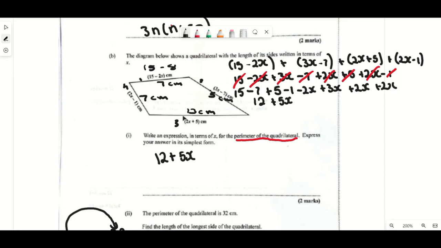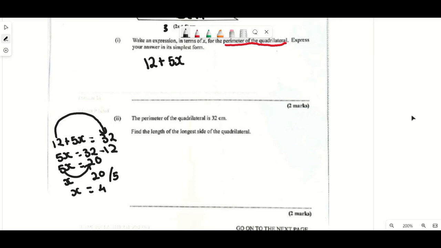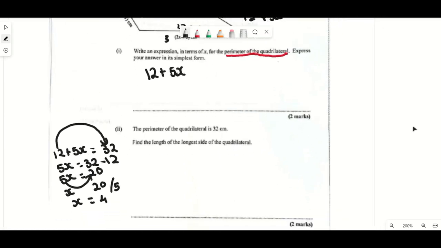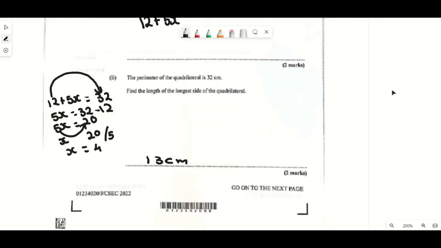So what is the longest side? Side 1 is 7, side 2 is 5, side 3 is 13, and side 4 is 7. The longest side is side 3, which is 13 centimeters.